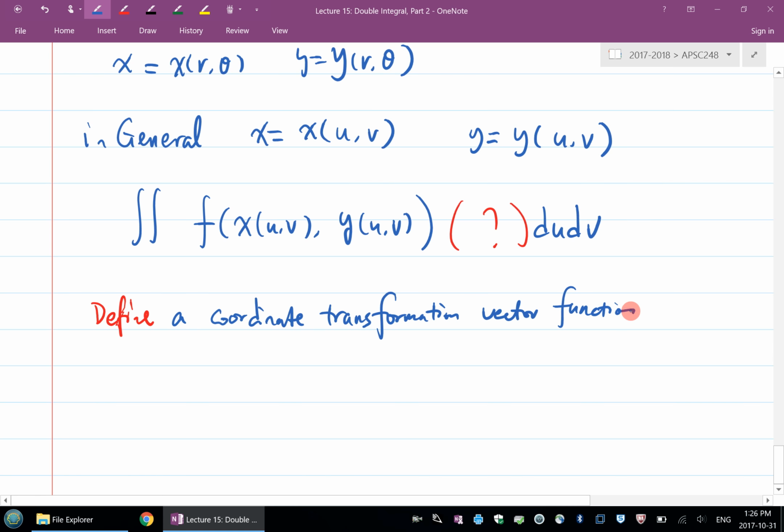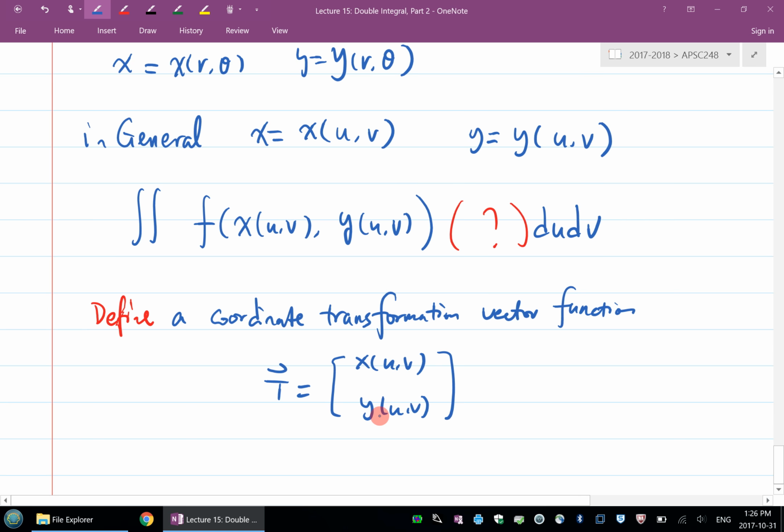The vector function we define here is actually quite simple. It's basically x and y. So x of u,v and y of u,v, put together, define a vector function. And this happens to be called the coordinate transformation vector function.